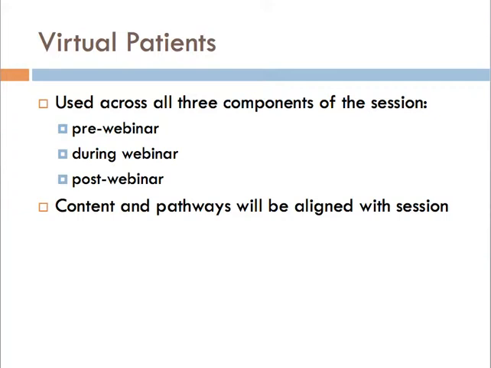So there's 12 virtual patient cases for each topic, so 24 in total. 4 of these cases will be played prior to the webinar, and that's completed on the player's own time. 4 of the cases will be interspersed throughout the webinar, highlighting particular topics that the speaker wants to bring up.